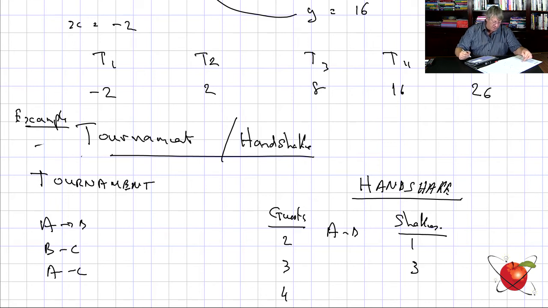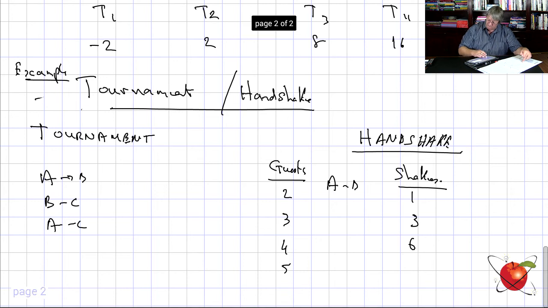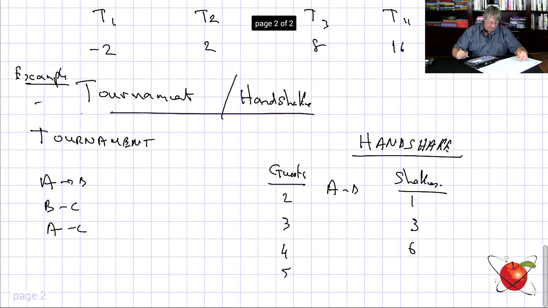If we've got 4 guests, you get 6. Go and work it out. And if you get 5, you get 10. Stop over there, because it starts getting big numbers. But do the thing, because they might tell you a dinner party has X number of guests. We're going to come to that now.